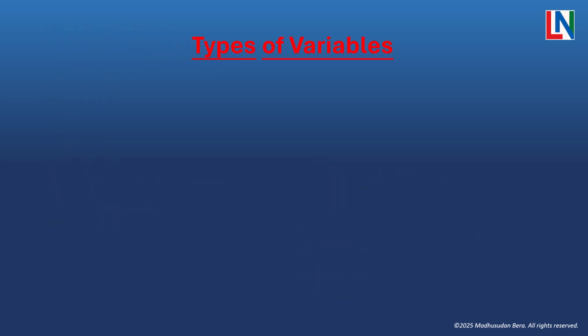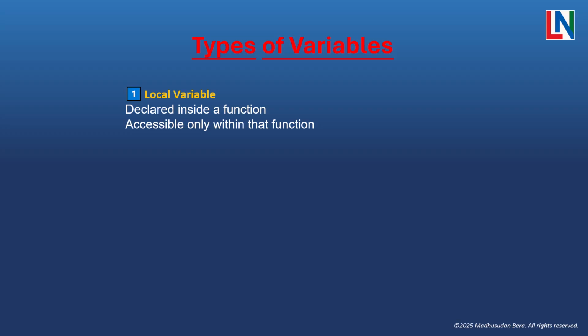Types of variables. Local variable, declared inside a function, accessible only within that function, exists during function execution.